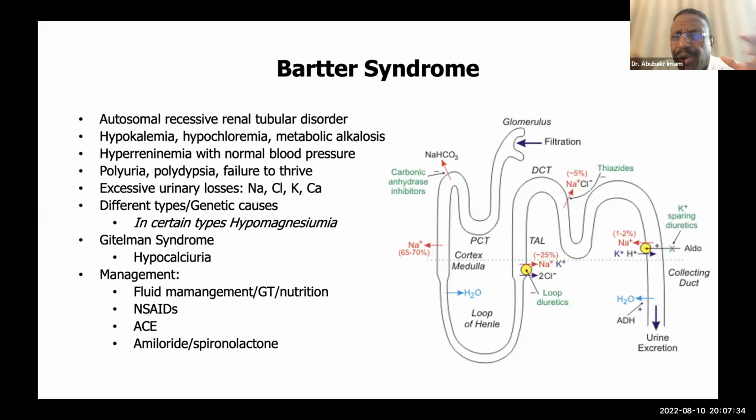But polyuria and polydipsia are what's keeping this child in balance, because if the child doesn't have access to fluids, this patient will present with excessive dehydration, especially if they develop any symptoms of vomiting or diarrhea. Then they will end up having dehydration as their clinical presentation.